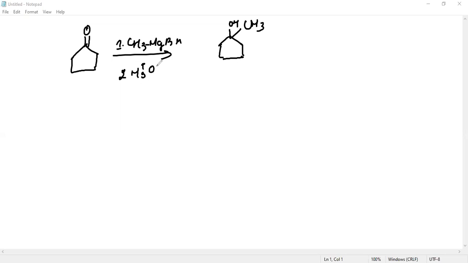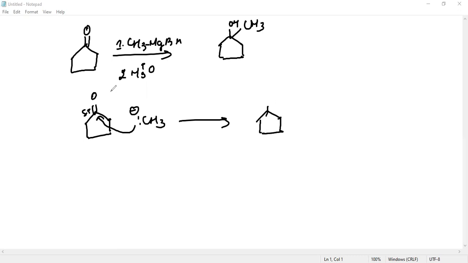Let's look into the mechanism. This is your cyclopentanone, and we will go ahead and react with the CH3 because this is your nucleophile. It will be attacking on this partially positive carbon over here. So what you will have is this thing, this double bond will be pushed to the oxygen. You have this O negative over here, and then you have this CH3.